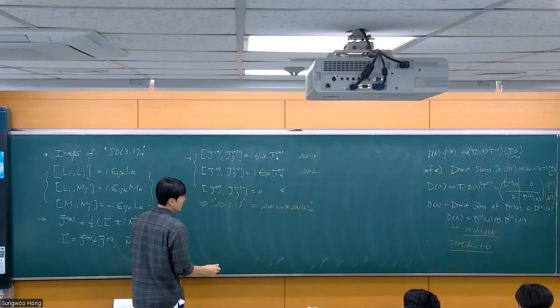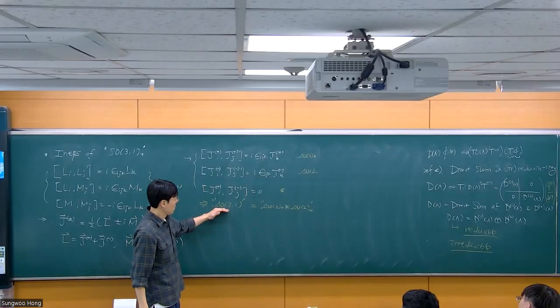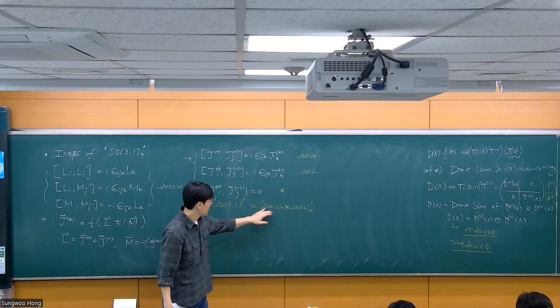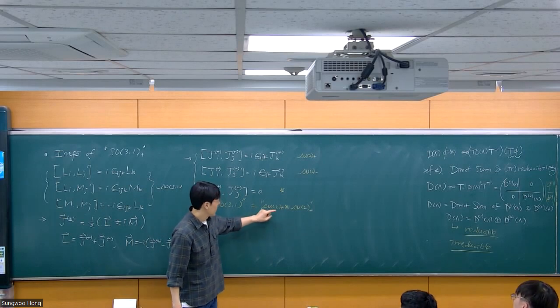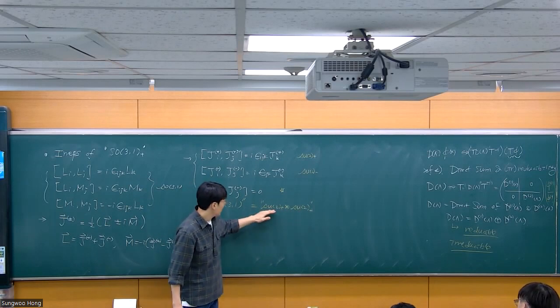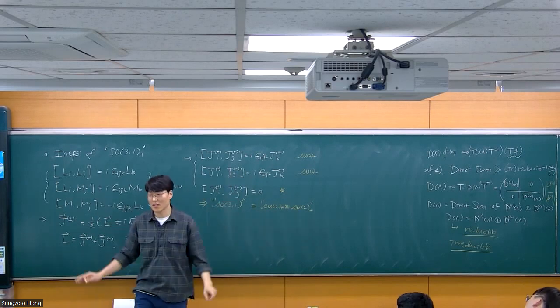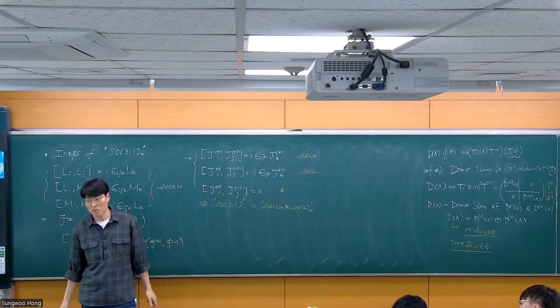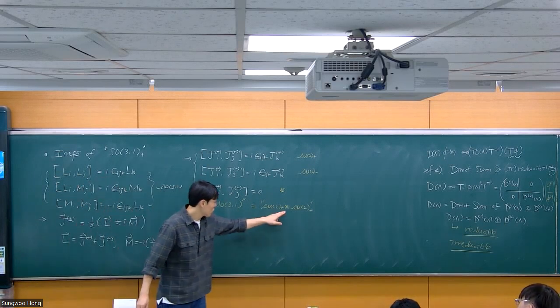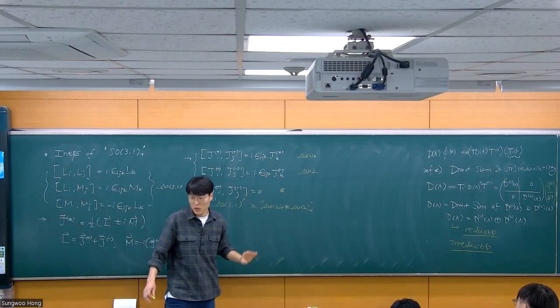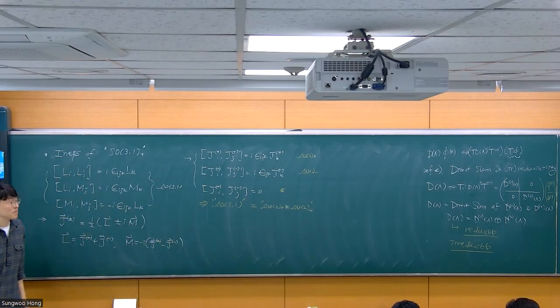In the algebra sense it should be a direct sum, but it becomes a direct product if you go to the group space. But you understand what I'm saying. There are the two separate SU2 factors. That's all I'm saying.